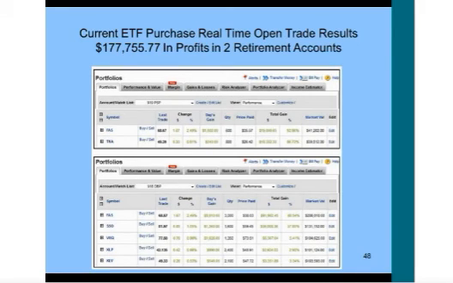And I took a snapshot yesterday of my current profits in 2 of my retirement accounts for my ETF purchases. I used the major trend system to purchase these ETFs. So I have about $177,000 in open trade profits in these 2 retirement accounts.